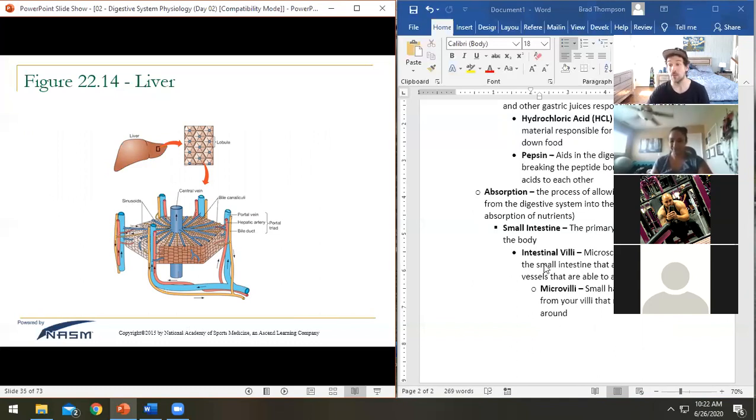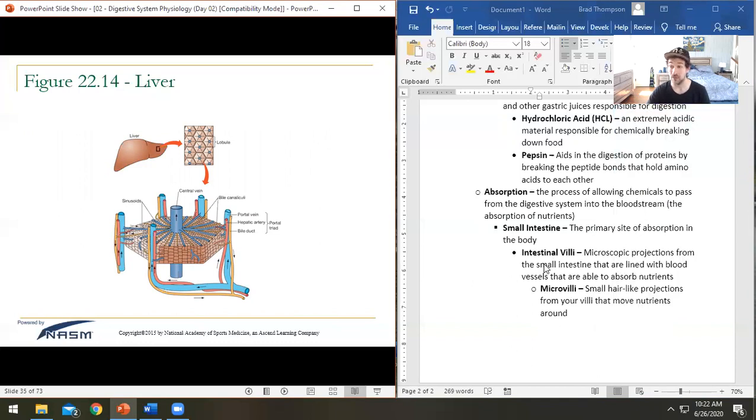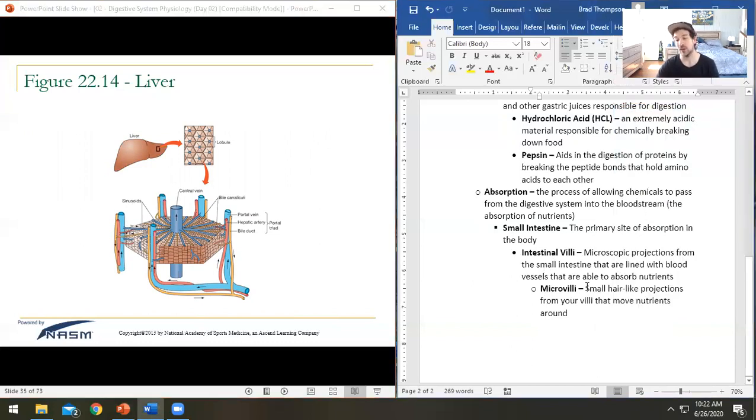Okay, so your small intestine is where a lot of absorption is going to take place. Now, I do want to also mention in the world of absorption here, and I know we haven't gotten to it just yet, your large intestine, which is an additional site of absorption where most water absorption takes place.